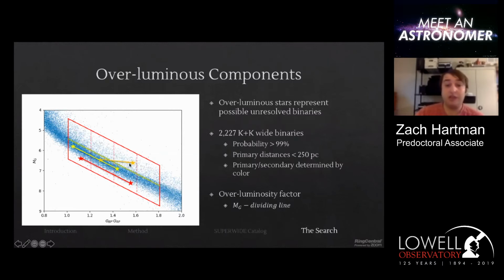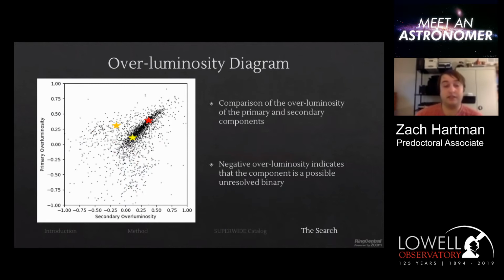If we plot the two components versus each other, you get something that looks kind of like this. The stars show the location where the pairs I was examining as my examples would show up on this diagram. The yellow star would appear up here. The lower metallicity star would be down here, and the pair that had the overluminous component would appear in this region here.